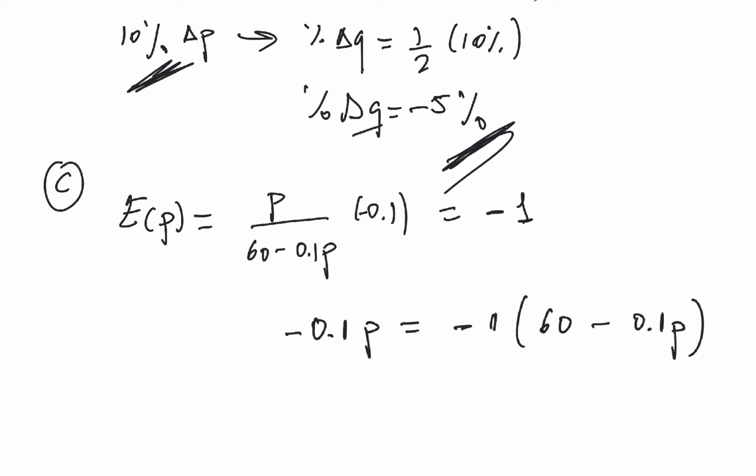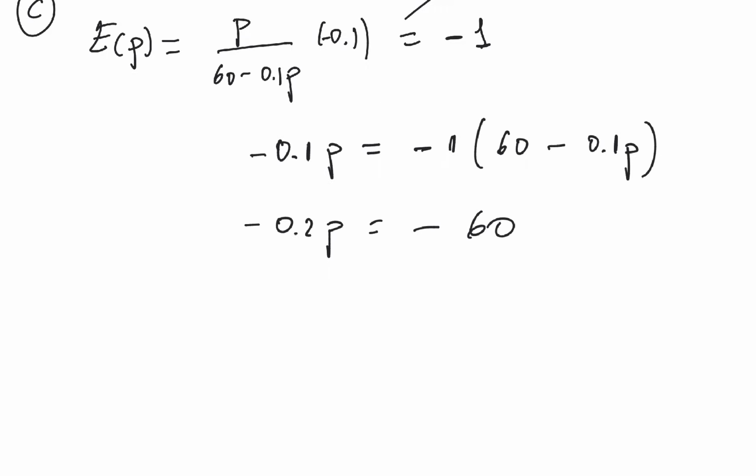With this minus to the other side, it will be minus 0.2 P. Minus 0.2 P is minus 60. So the price P at which the elasticity is 1 is 60 divided by 0.2.